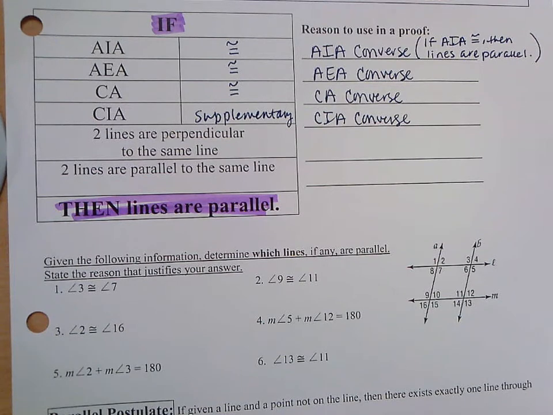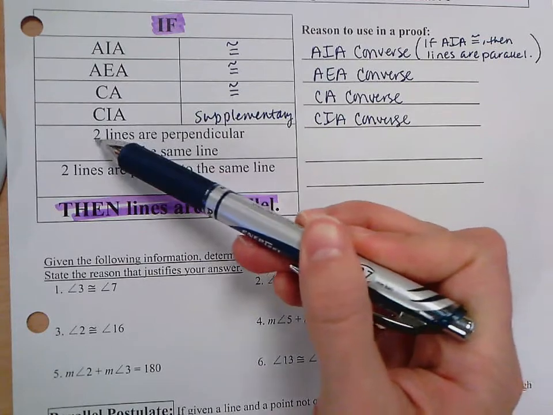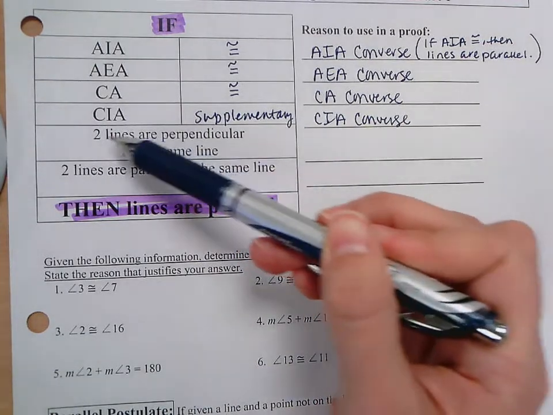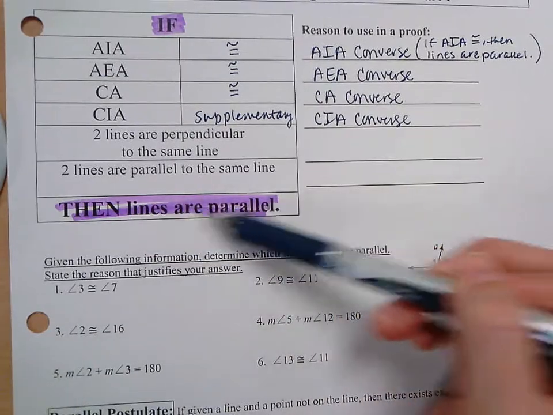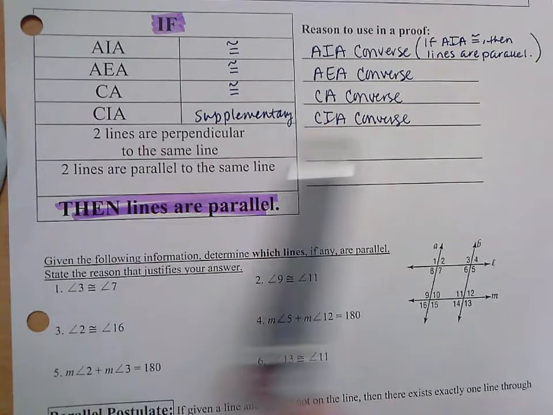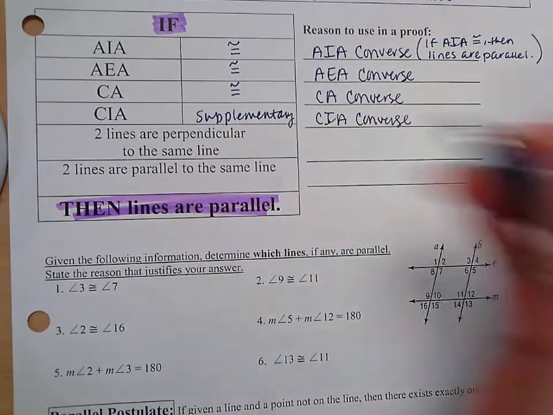And then we have two of these that you just would have to write out as a sentence for the reason if you used them in a proof, and we will have proofs that use them. The first one says if you know two lines are perpendicular to the same line, then those two lines must be parallel. So again, this is still your conclusion. Just to picture this, say you have two lines that are perpendicular to the same line.